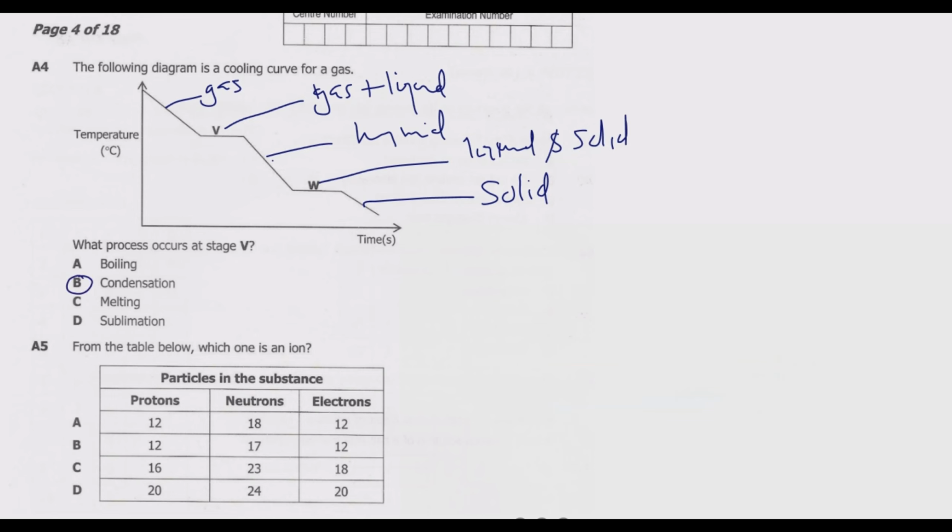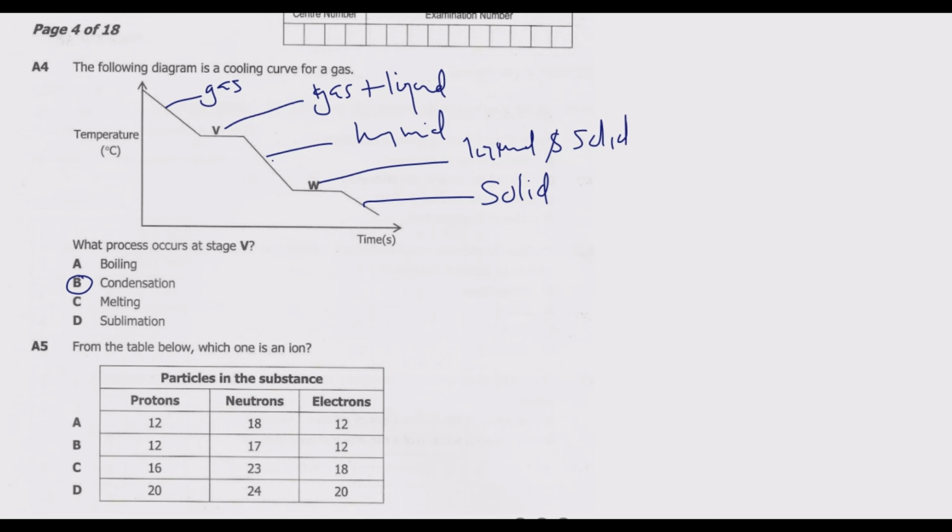Condensation. Number 5, from the table below, which one is an ion? So basically an ion is an atom carrying a positive charge, due to the loss or gain of electrons.